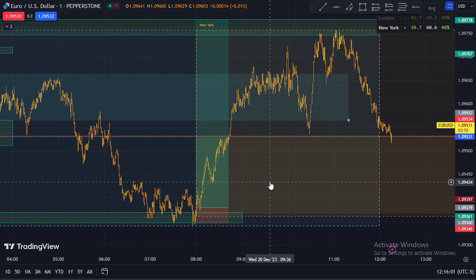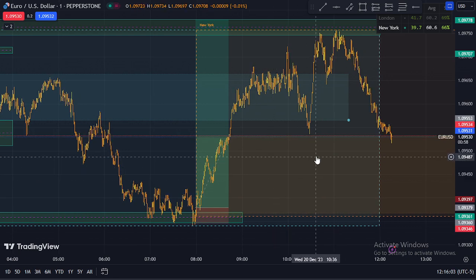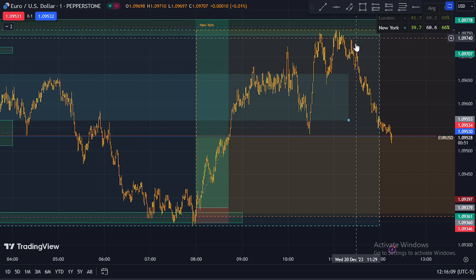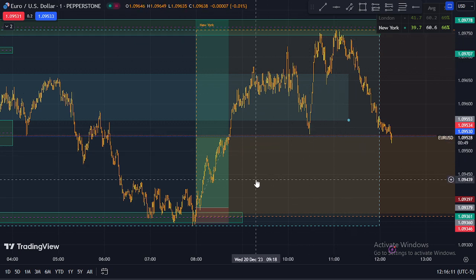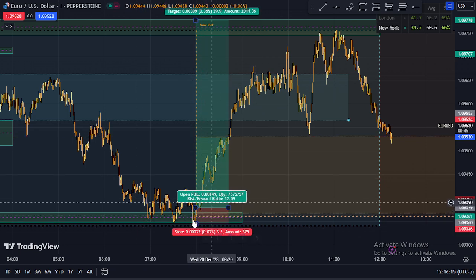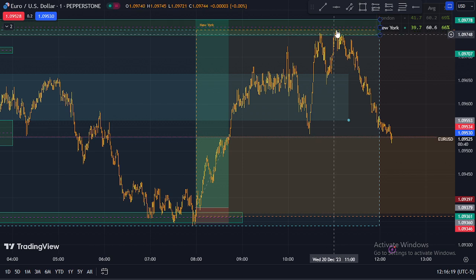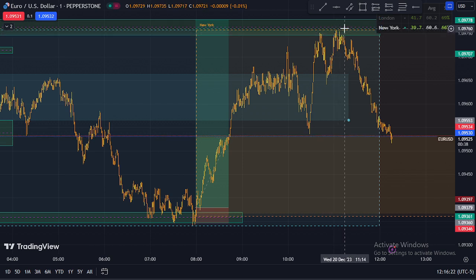You could always backtest maybe on such a time, maybe from 11 to whatever time you want, but always make sure that you will always capitalize on this first before you move on to such times.